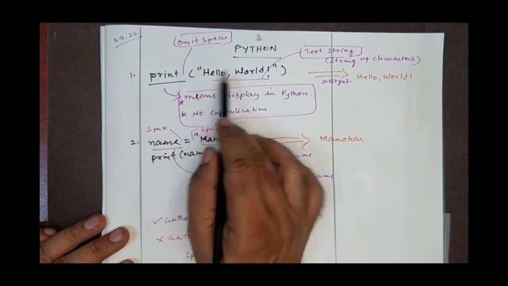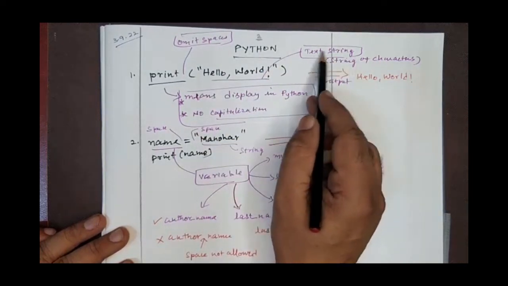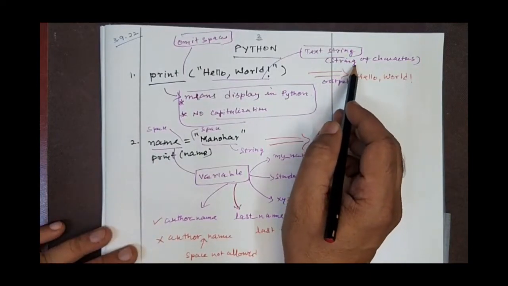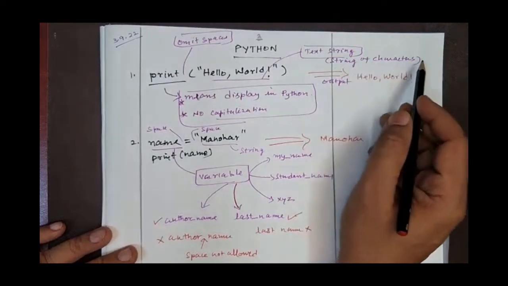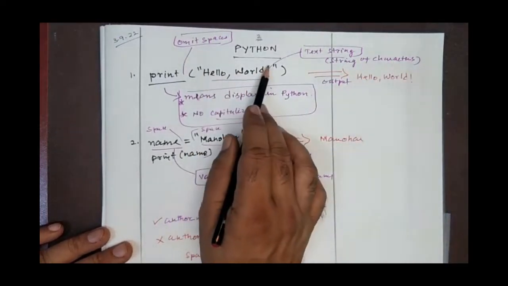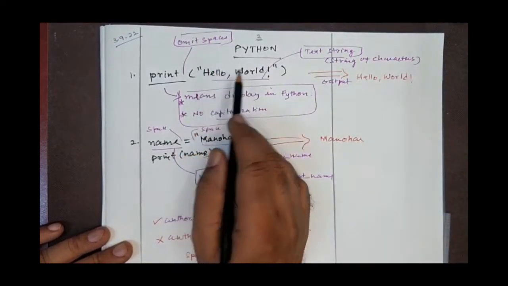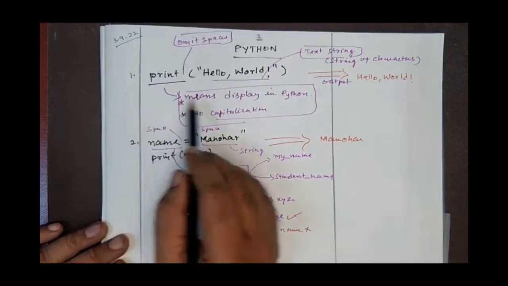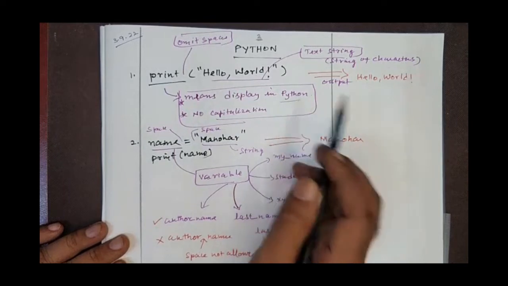So this Hello World is the text string. A string is nothing but a collection of characters, or you can say a string of some characters. So it should always be mentioned within the double quotes. And print here means display in Python.